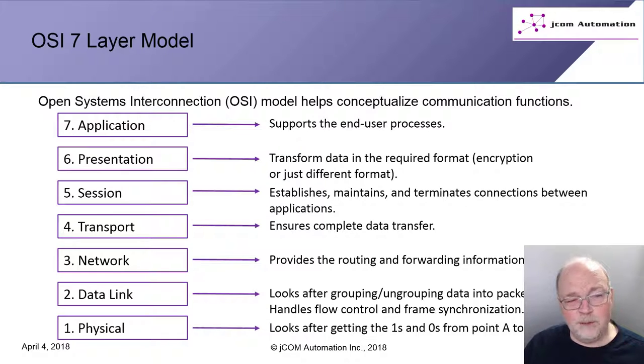The Open System Interconnect model helps you conceptualize communication functions. And what it does is break the process of communicating from point A to point B into 7 different layers. And the idea is that if you program each of these different layers separately, you can sort of mix and match and plug in. Doesn't quite work that way.